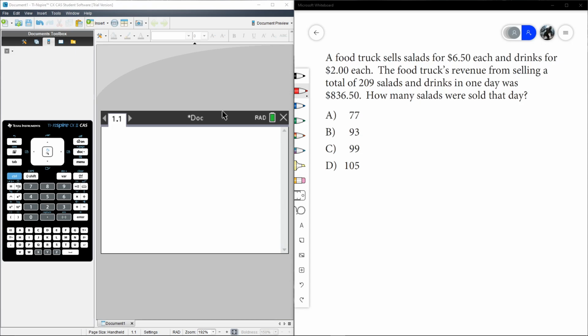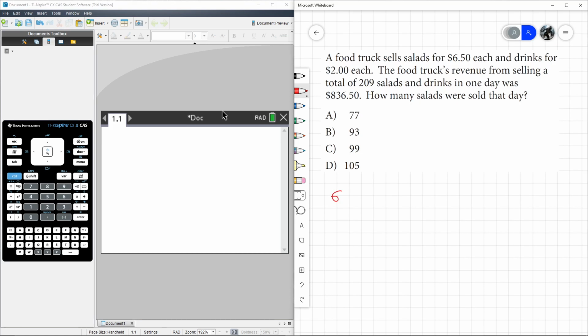So this is a very common type of problem you'll see on the SAT, where this can be solved with two equations. The first equation you would write is for the amount of revenue. If these sell for $6.50 each, you would multiply $6.50 times the number of salads, S. This gives you the amount of money generated from selling S salads, plus $2 times D for drinks.